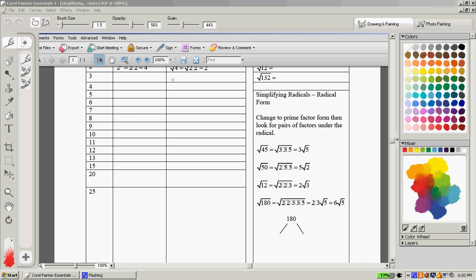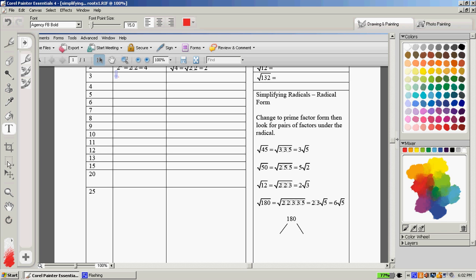In this column, if you haven't already, go ahead and fill out this chart. In this column, you should have 3 squared equals 3 times 3 equals 9.